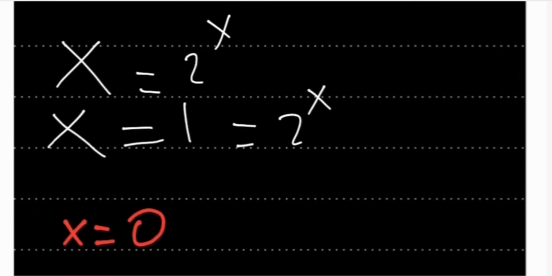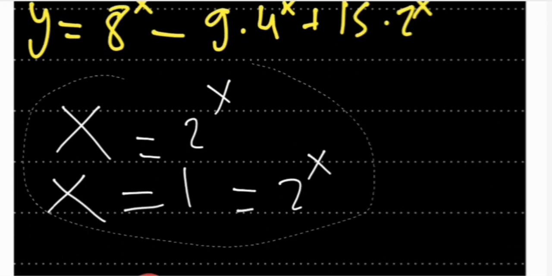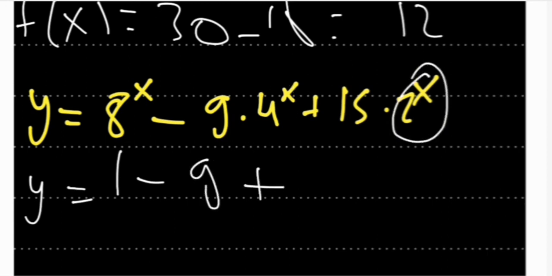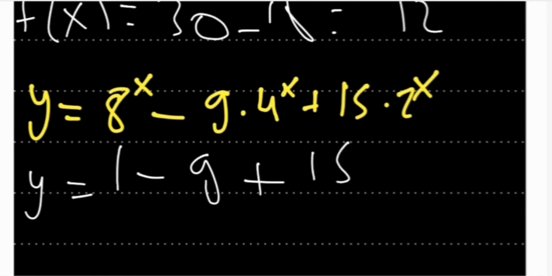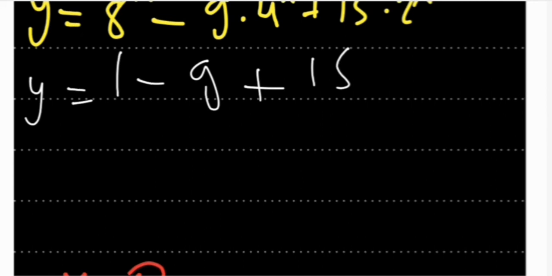And if we want to find the global maximum, let's put over here the 0, right? 8 to the 0 is 1. So the global maximum is when y: 8 to the 0 is 1, minus 4 to the 0 is 1 multiplied by 9 is 1, plus 2 to the 0 is 1 multiplied by 15 is 15, and 15 plus 1 is 16 minus 9 is 7, okay?